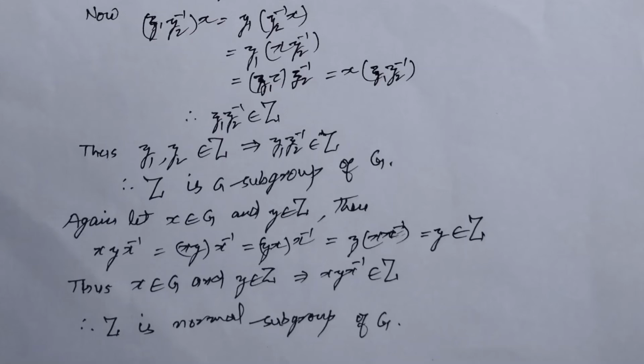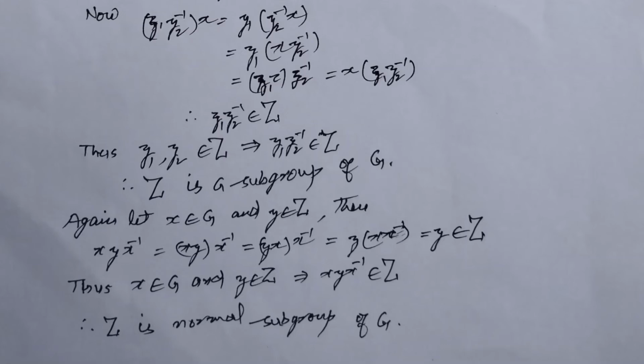Again, let x belong to G and z belong to Z, then xzx inverse equals xzx inverse by associativity. We can write zx for xz. So this will be equal to zx x inverse.